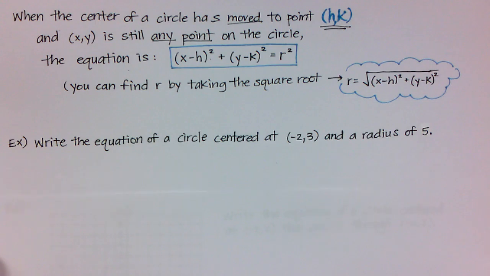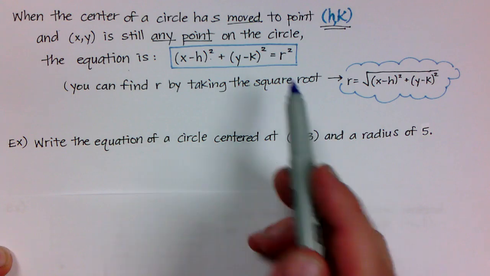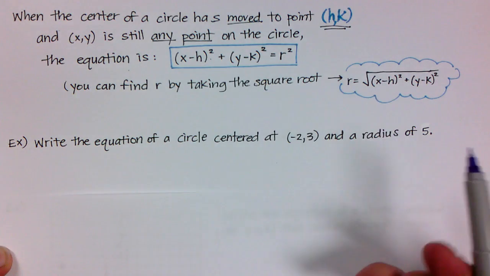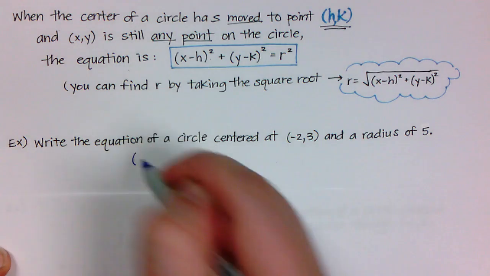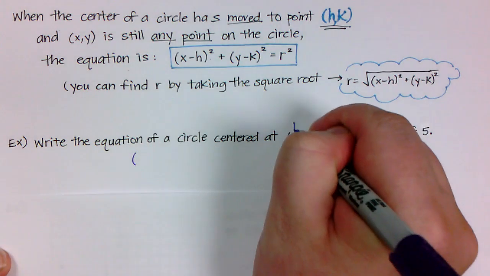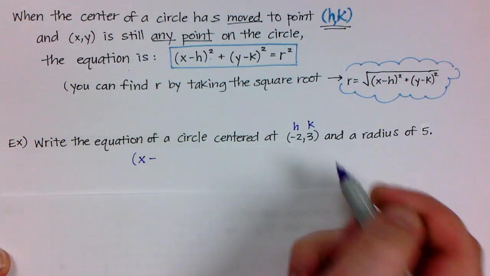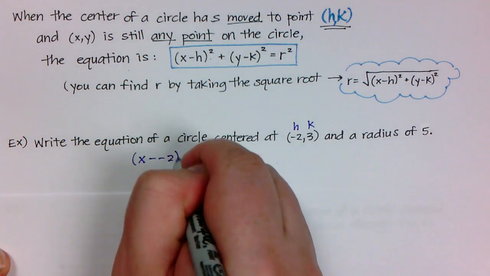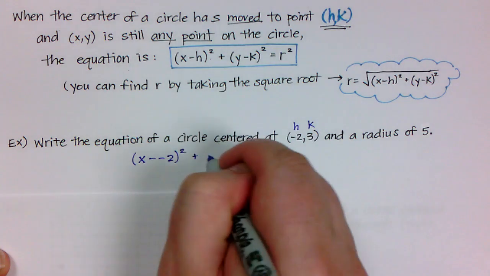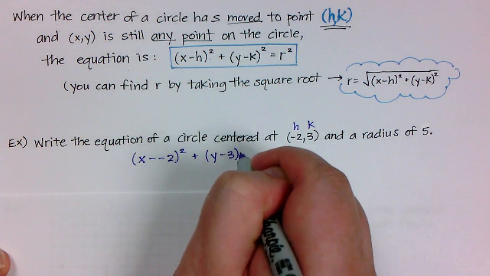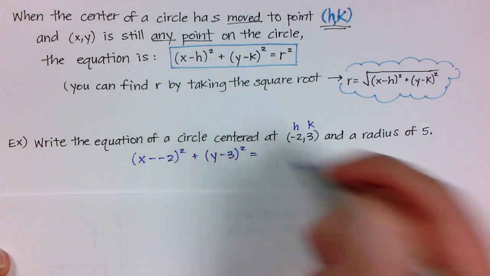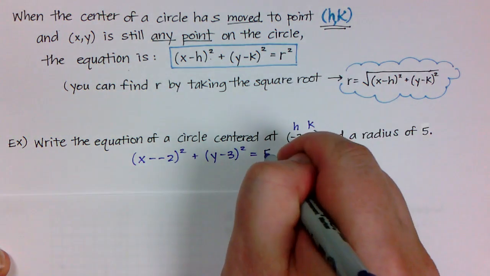So let's go ahead and do one example. I've asked you to write the equation of a circle centered at -2, 3 with a radius of 5. So all I need to do is plug in some information and I will have it done for me. The new center, this is going to be my h and my k, is what I'm going to plug in here. x minus -2, I'm going to square that, plus y minus 3, I'm going to square that, is equal to the radius being squared, so 5 squared.